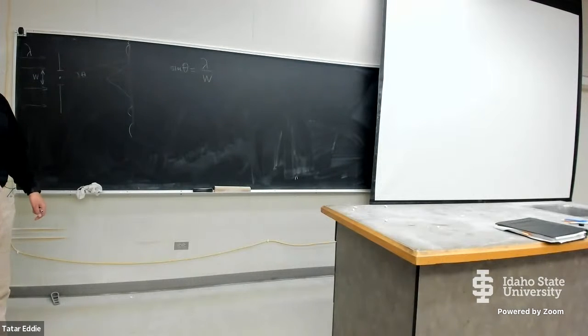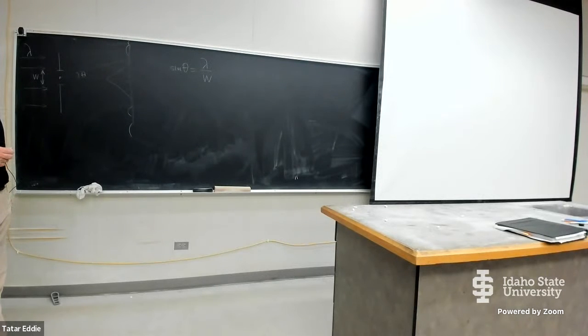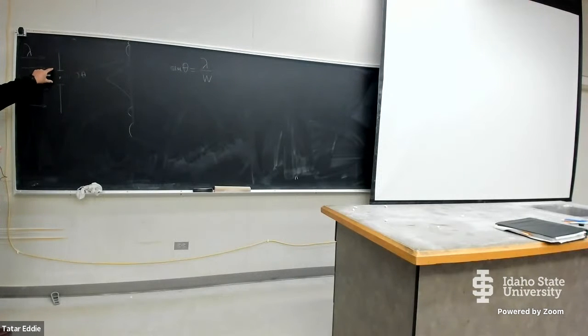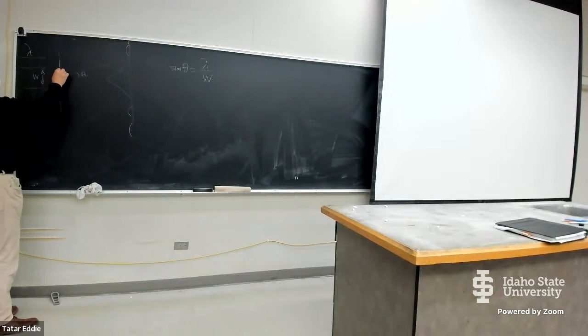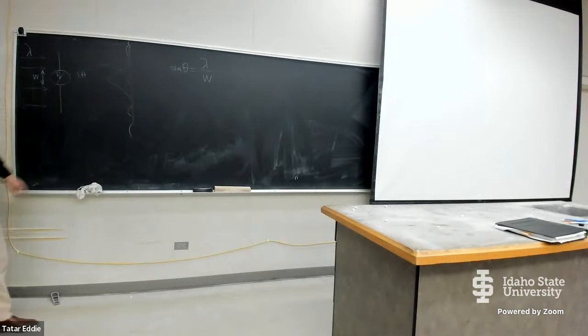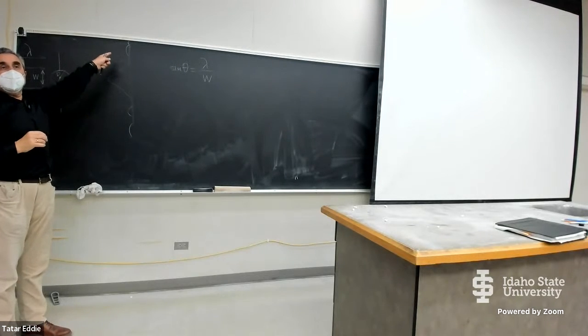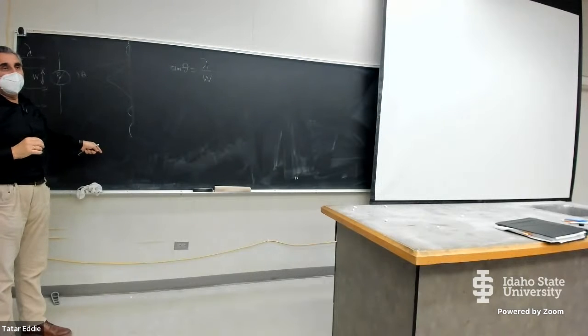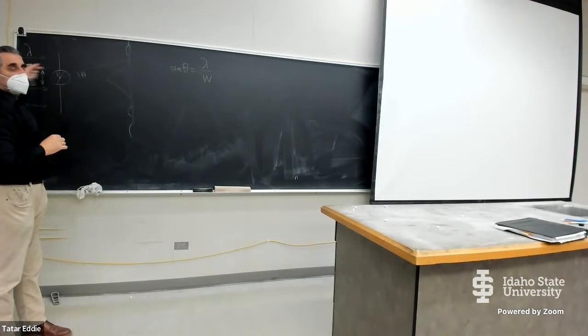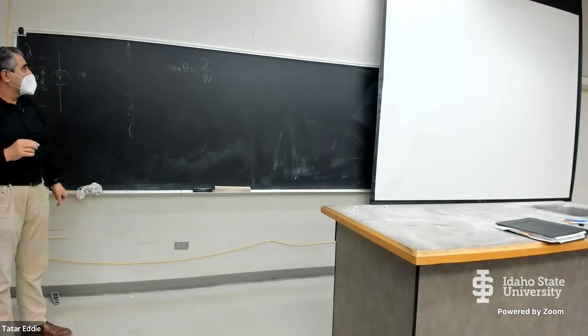Well, if instead of a rectangular shaped slit you have a circular opening with a diameter D, capital D, you have a similar diffraction pattern for the light that comes in through this opening.